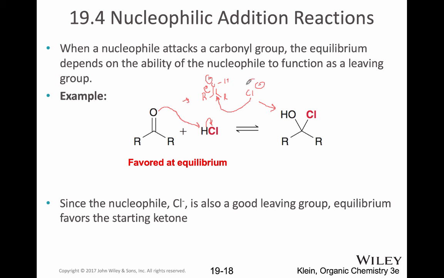Now, the chloride is acting as a nucleophile here, but the chlorine can also act as a leaving group. And we know chlorine's a really good leaving group. So in this case, the equilibrium for this reaction is going to lie very much this way. If I add HCl to this, I'm not going to make a lot of this. Most of my molecules will still be on this side of the arrow.